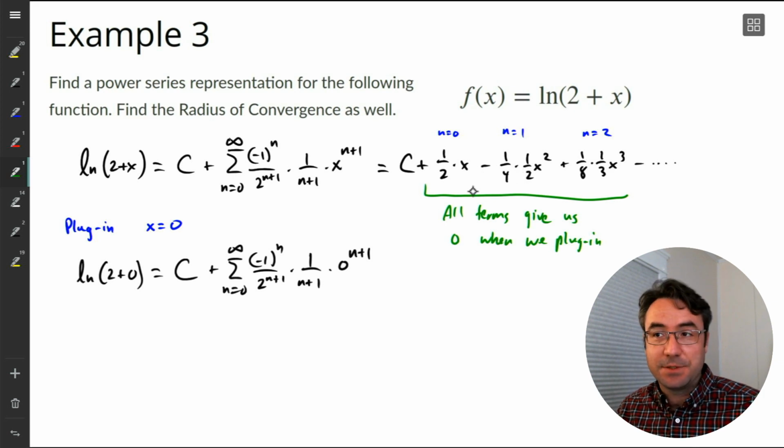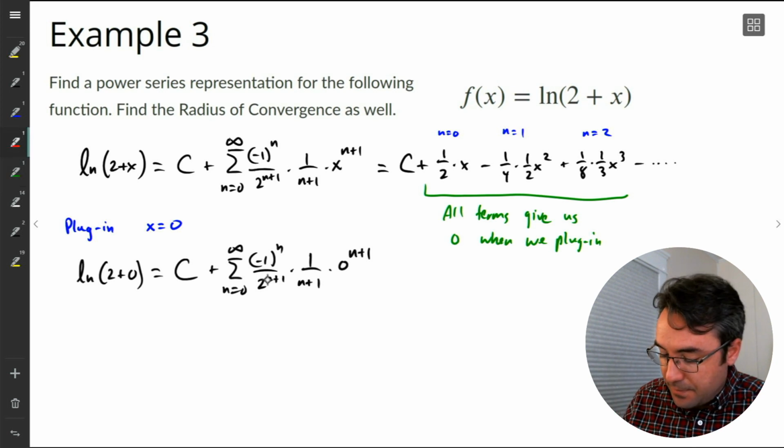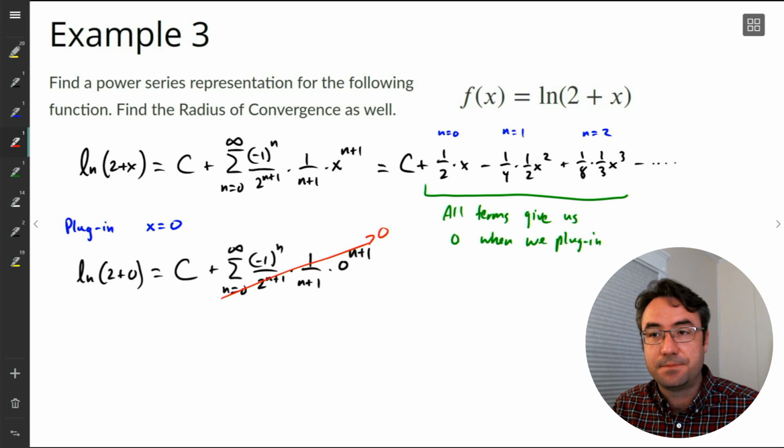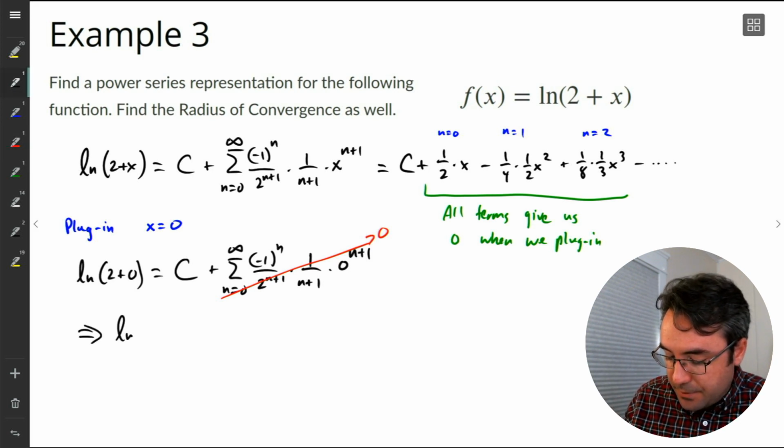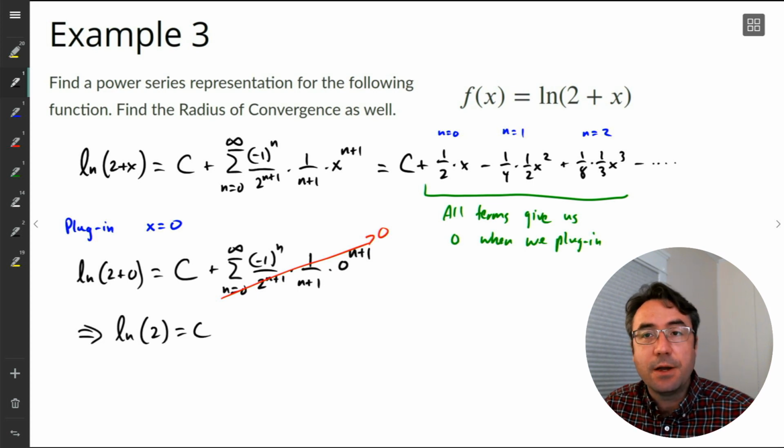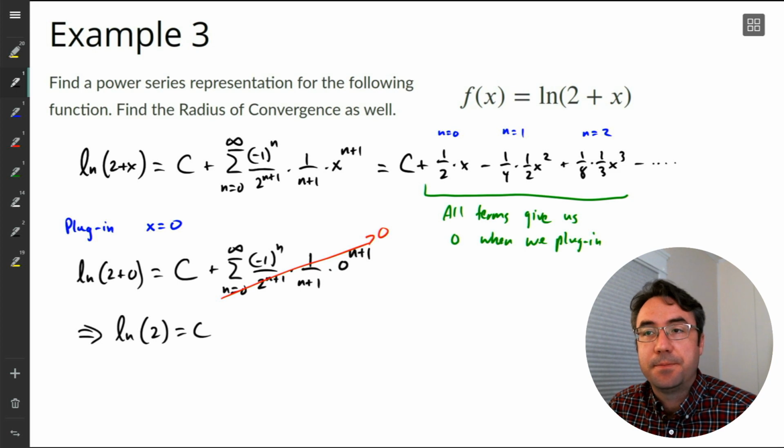So when we plug x equals 0 in, it's just going to become 0. So really, all of this is just 0. So what we're left with then is the equation natural log of 2 is equal to c. And there we go. We found our c value.